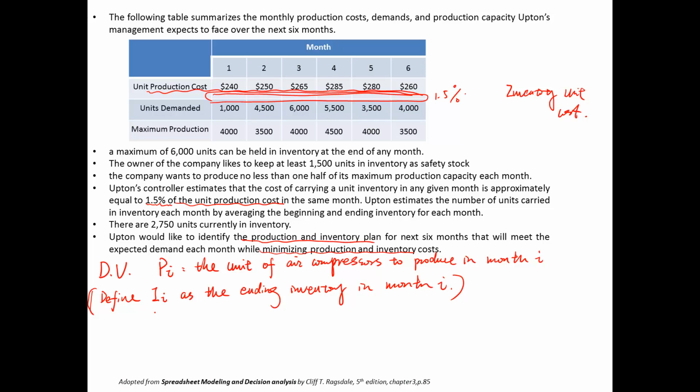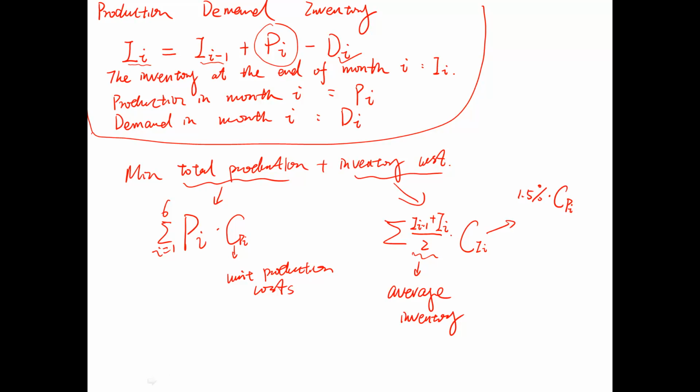Define IN_i as the average inventory in month i. Then in your objective function, you don't have to write this out; you will just have IN multiplied by this C_IN. So the objective function won't be that long. Either way works.